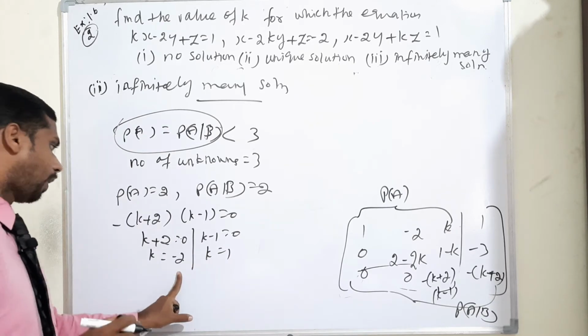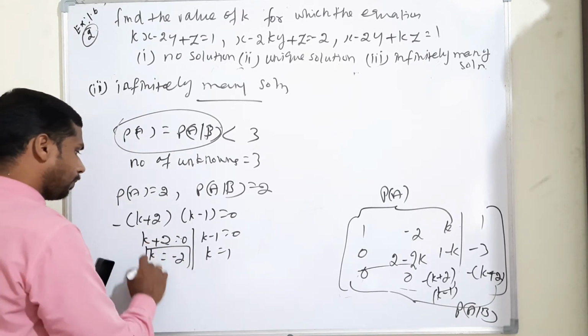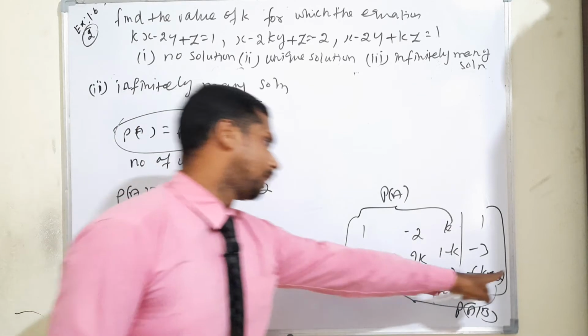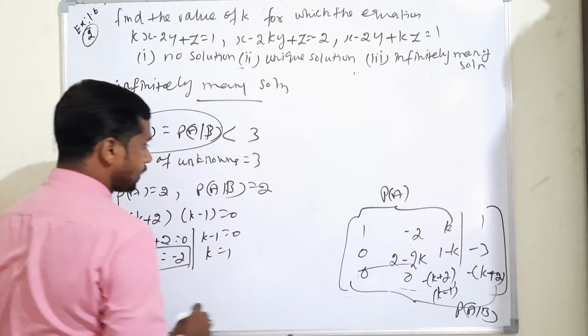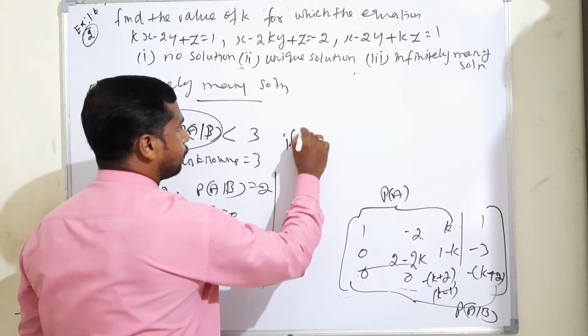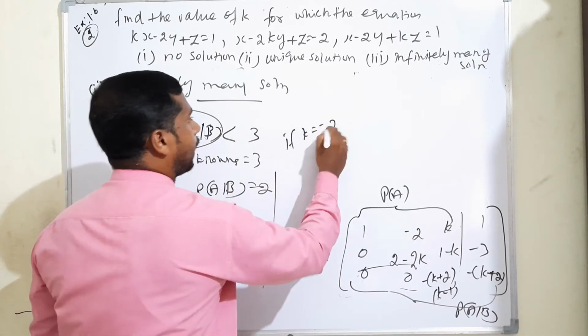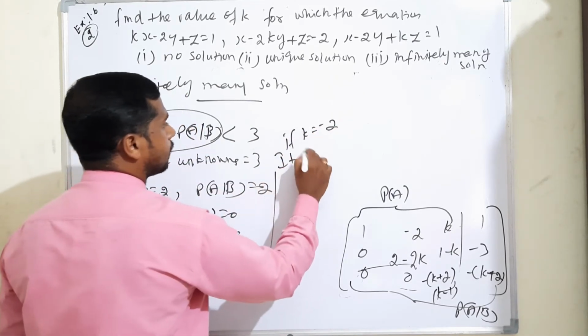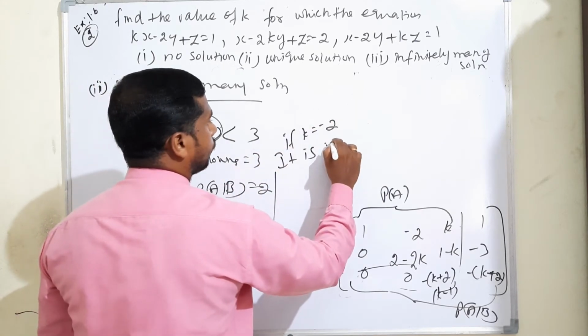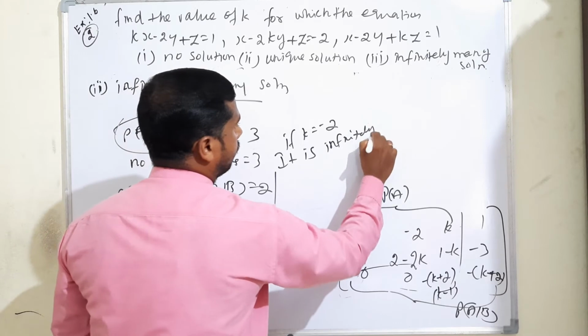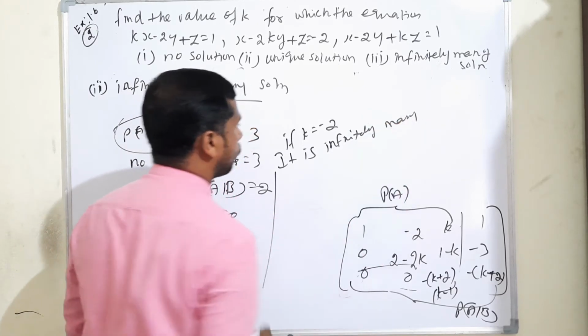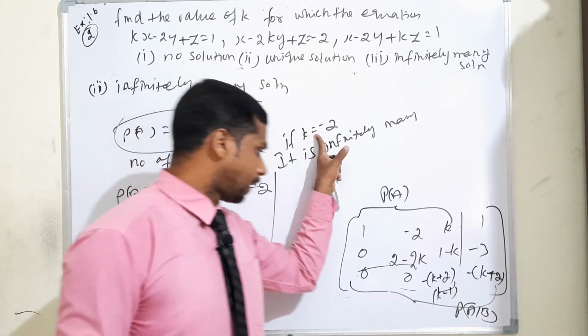If we consider any one value, say k equal to minus 2 and apply it, definitely the third row we can show as a 0 row. Why? If k is equal to minus 2, it is infinitely many solutions.